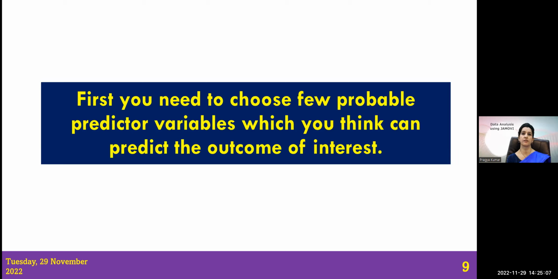So there are two criteria for this. First, you need to choose a few predictor variables which you think can predict the outcome of interest, maybe by reviewing the literature, maybe as a clinician, or you may ask a clinician which variables are of importance.